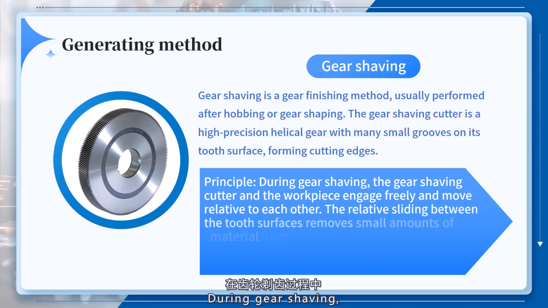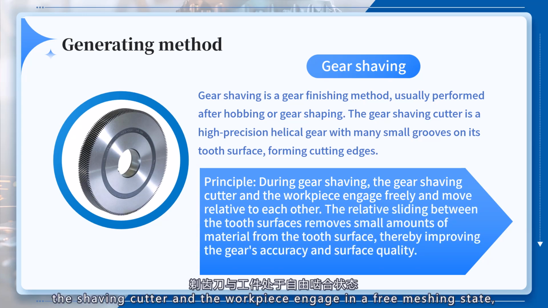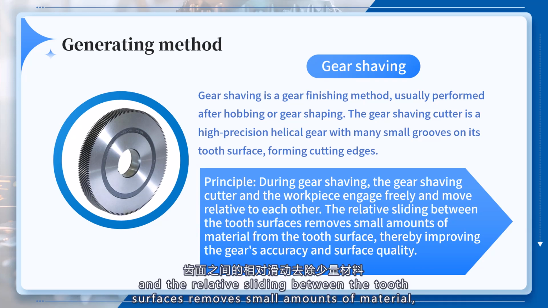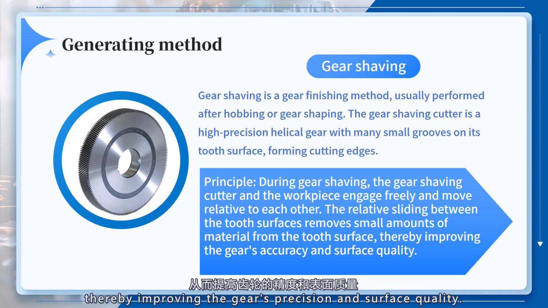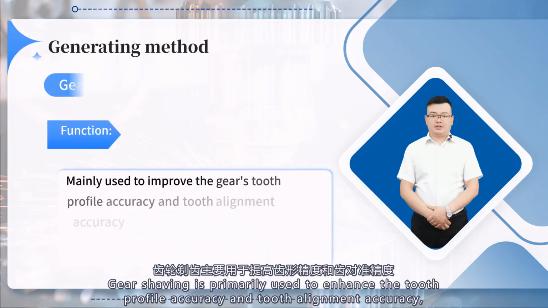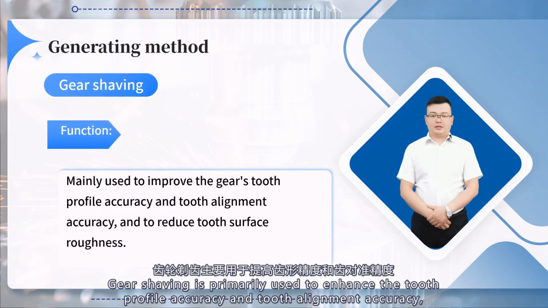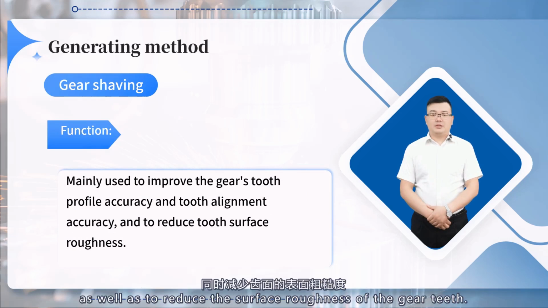During gear shaving, the shaving cutter and the workpiece engage in a free meshing state, and the relative sliding between the tooth surfaces removes small amounts of material, thereby improving the gear's precision and the surface quality. Gear shaving is primarily used to enhance the tooth profile accuracy and the tooth alignment accuracy, as well as to reduce the surface roughness of the gear teeth.